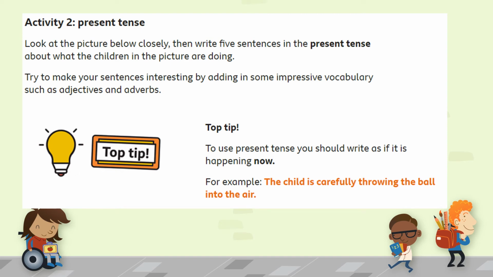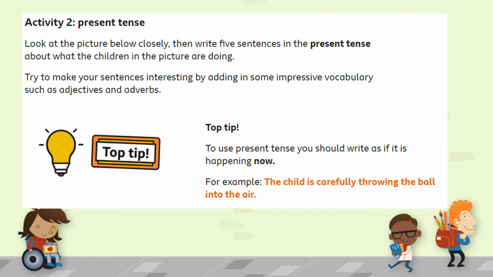Activity 2. If you're at home on your Word document, you will have this slide plus the picture underneath, which I'll show you on the next slide in a minute. Let's go through and see what this activity is. Look at the picture closely, then write 5 sentences in the present tense. Remember, the present tense means that it's happening now, about what the children in the picture are doing.